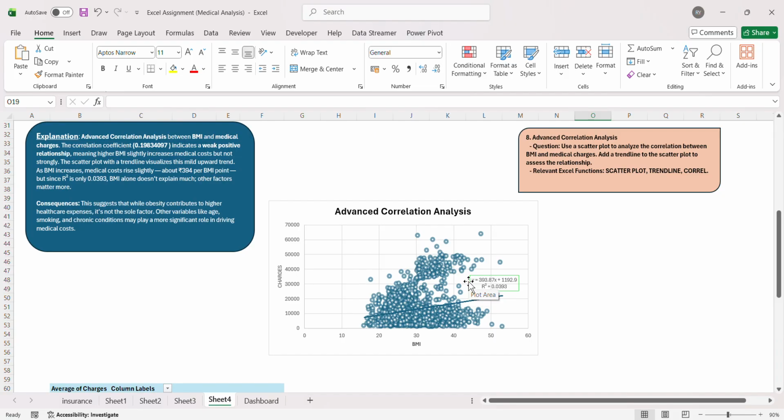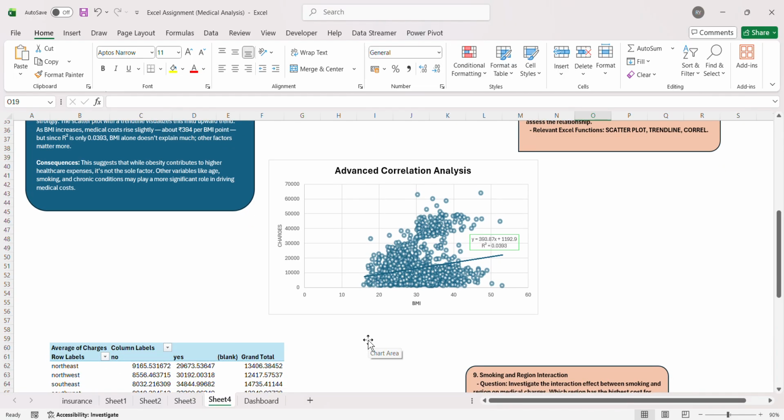But since R squared is only 0.0393, BMI alone doesn't explain much. Other factors matter more. This suggests that while obesity contributes to higher healthcare expenses, it's not the sole factor. Other variables like age, smoking, and chronic conditions may play a more significant role in driving medical cost.